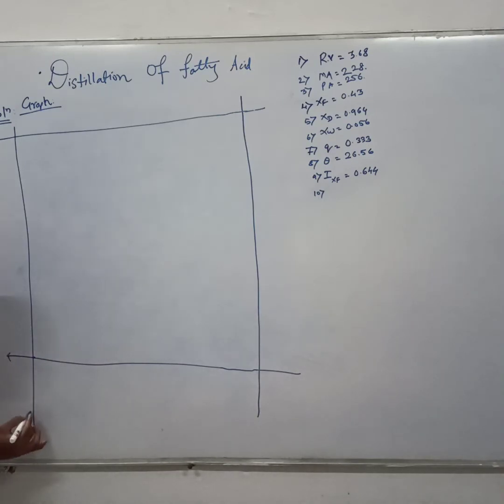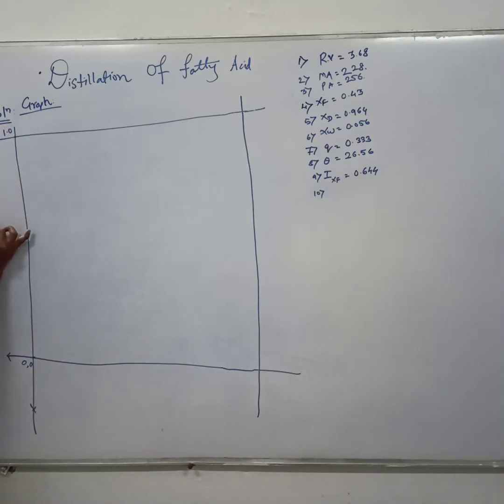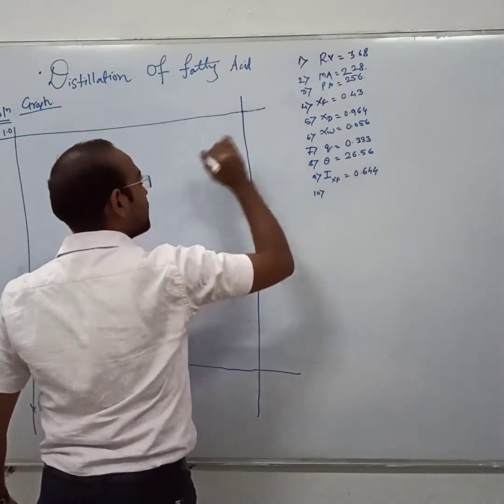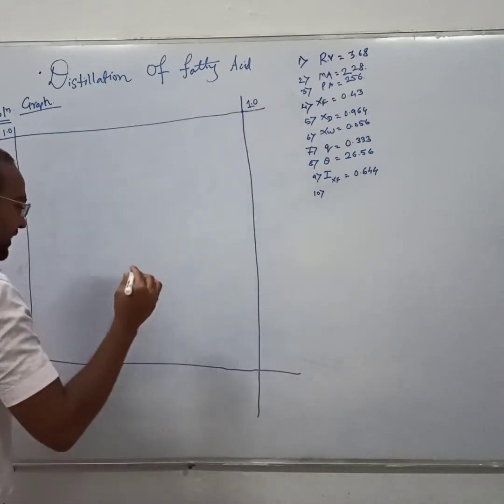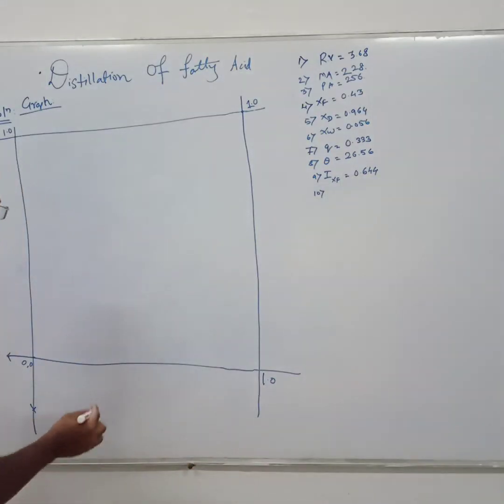So this is our initial point 0 0. This is our final point on y axis 1.0. This is a diagonal intercept, and this is our last point 1.0 on x axis.